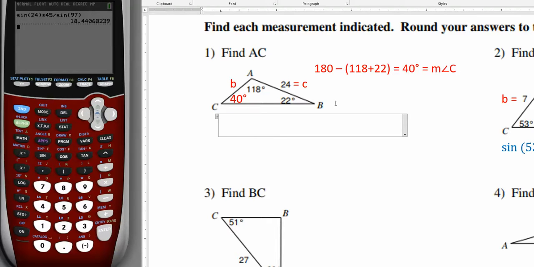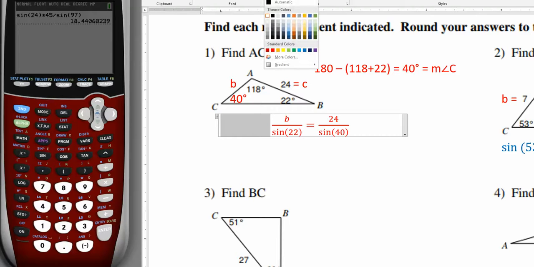So we set up our ratios. We're going to have b over sine of 22 equals 24 over sine of 40. So there's our ratio. Now, in order to isolate b, same thing as we just did in the last problem, we need to somehow eliminate the sine of 22, and the only way to do that is with an inverse operation.